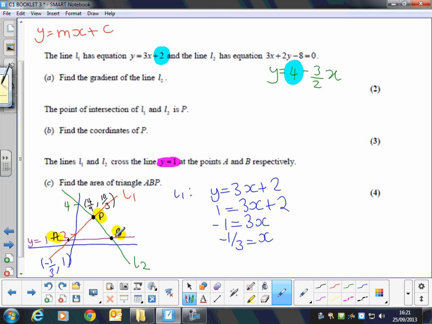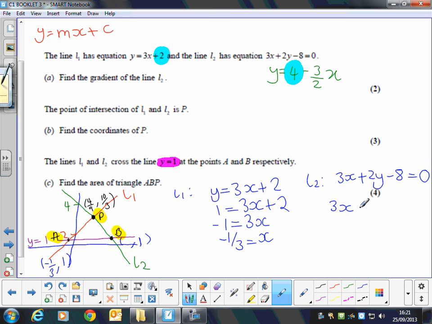To work out point B, we do the same thing. This time, we know that the y coordinate of point B is 1 because we've got the line y equals 1, so we know the y coordinate is going to be 1. So we need to work out the x coordinate. So I'm going to substitute y equals 1 into the equation for the line L2. So we've got 3x plus 2y minus 8 is equal to 0.